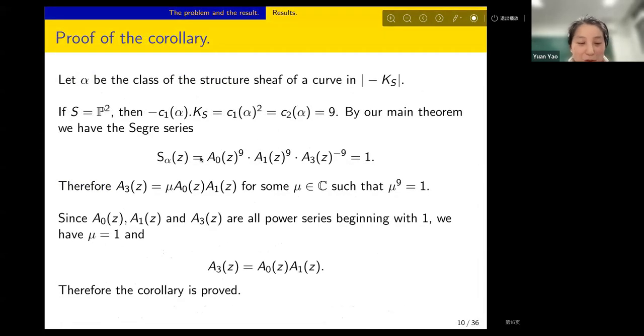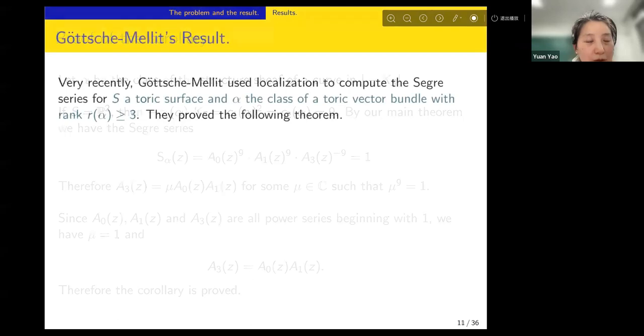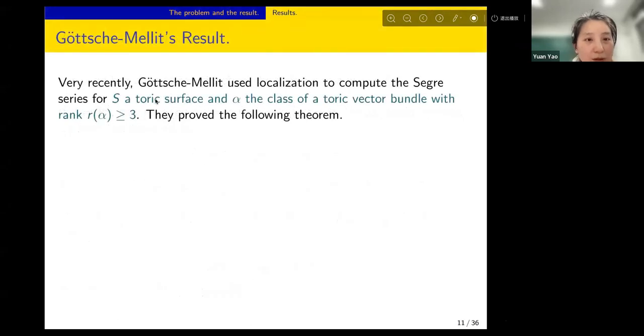And yes, soon after I got this result, I also saw that Göttsche and Mellit got a more general result. I will also mention their result.